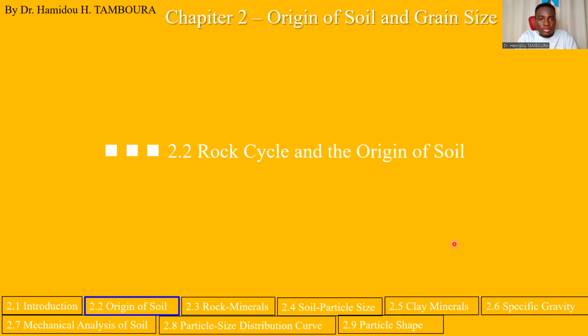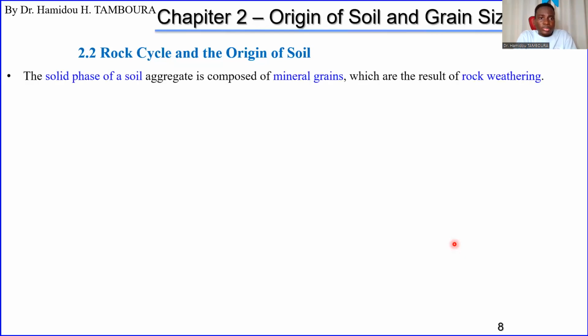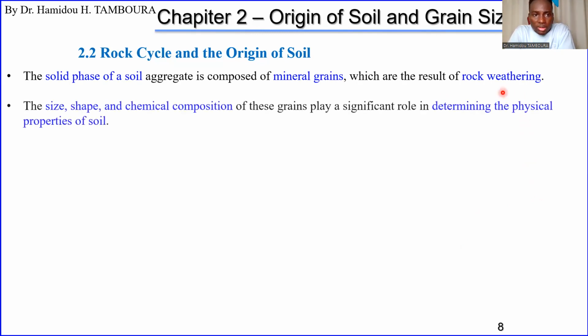So let's start with the first point, which is rock cycle and the origin of rock. The solid phase of soil aggregate is composed of mineral soil, which are the result of rock weathering. The size, shape, and chemical composition of these grains play a significant role in determining the physical property of soil.